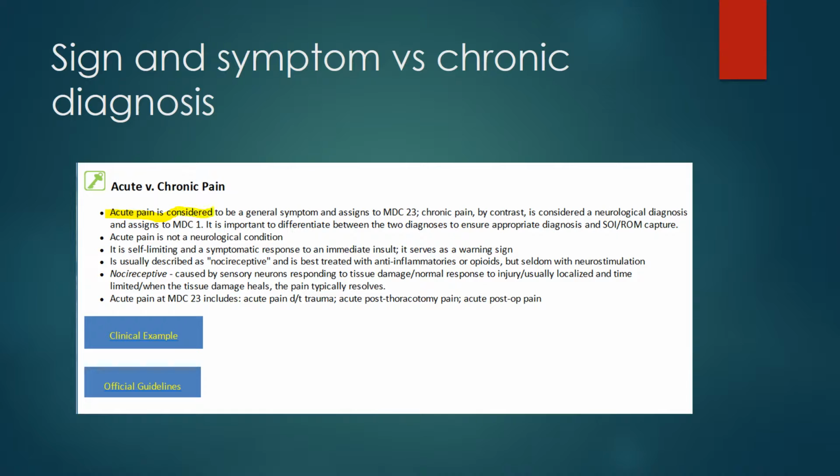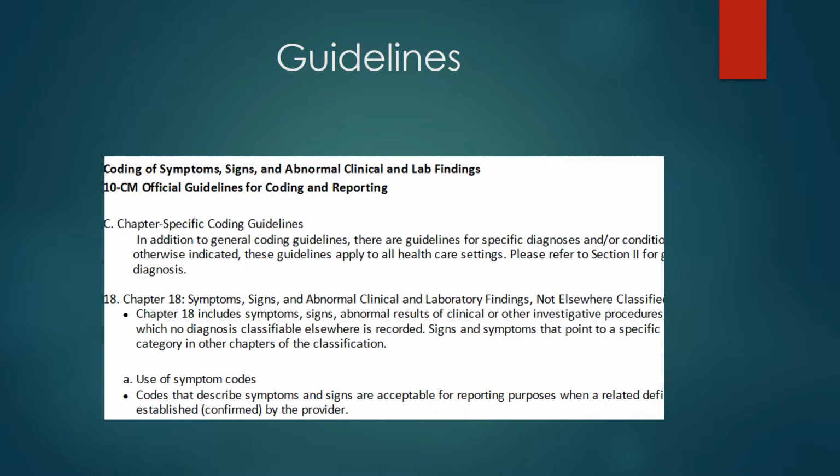Acute pain is considered to be a general symptom, so it's assigned to this MDC here. So what we want to do is ask a question to get this patient out of this sign and symptom. Here are some guidelines, and it shows you what you need to do, what a using of a symptom code is, whether it's acceptable for reporting purposes, and that kind of thing.